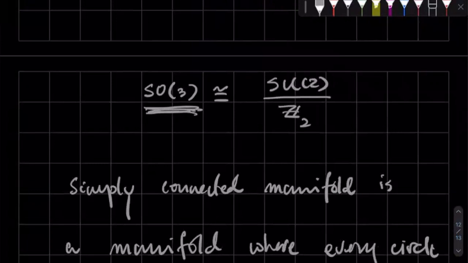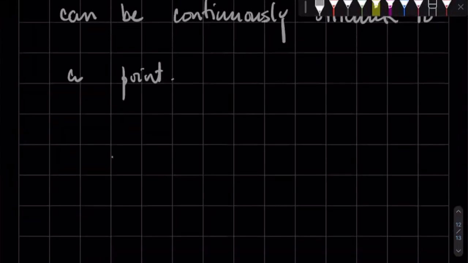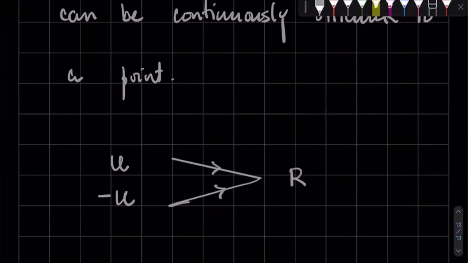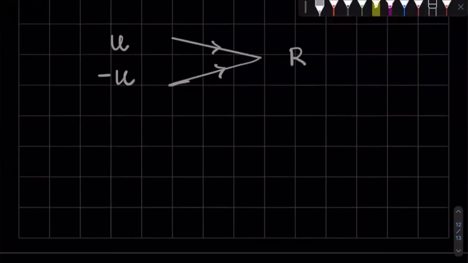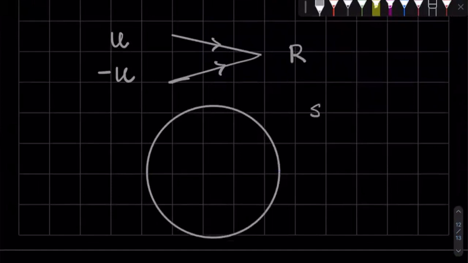And the reason is that we constructed this isomorphism, and we saw that both U and minus U map to the same element in SO3. So that means that geometrically what we're doing on S3 is that we are identifying all antipodal points.